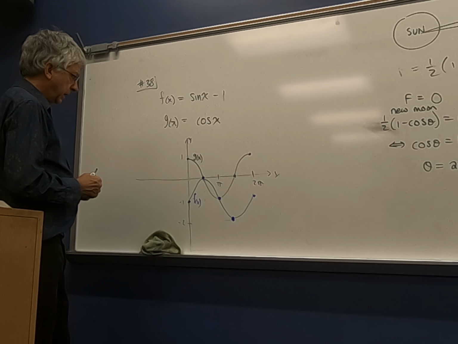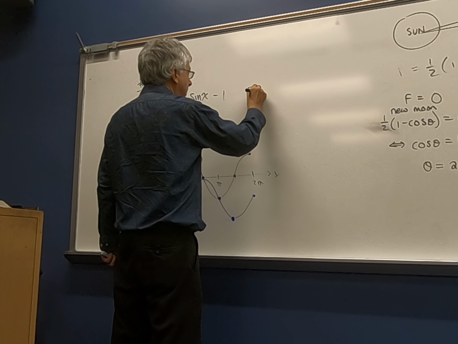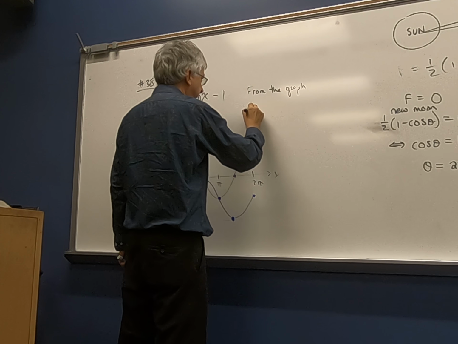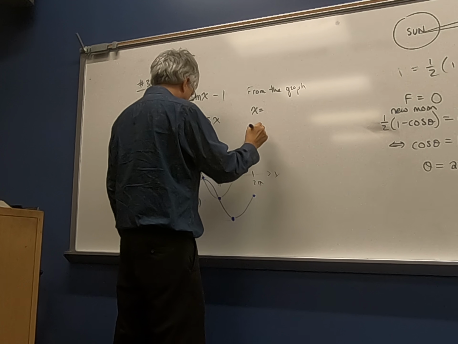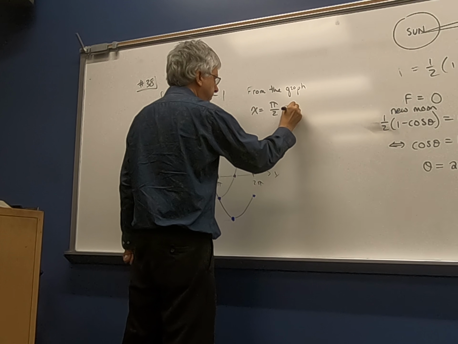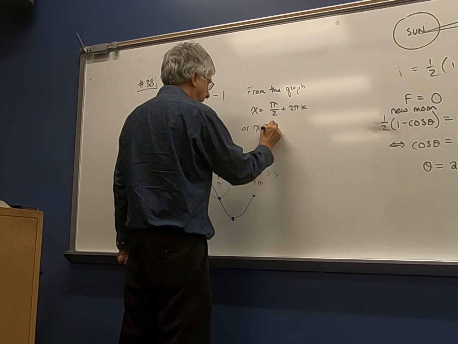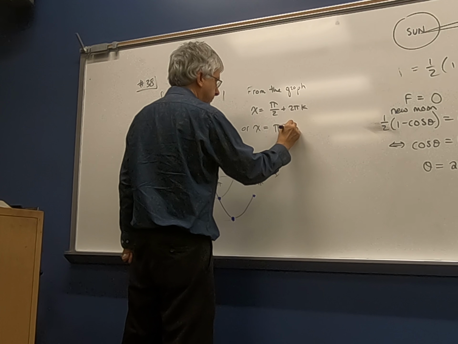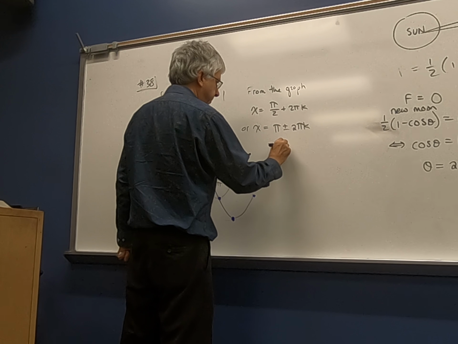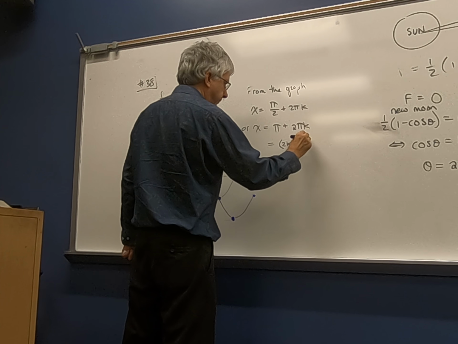So from the graph, x could be pi over 2 plus any multiple of 2 pi k, or x could be pi plus any multiple of 2 pi, which is going to be any odd multiple of pi.